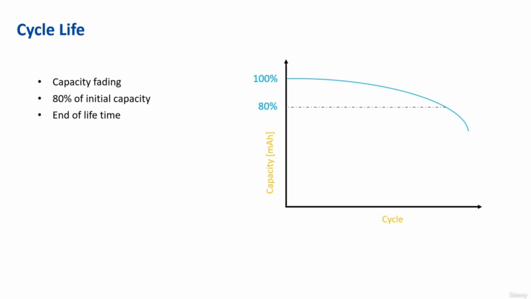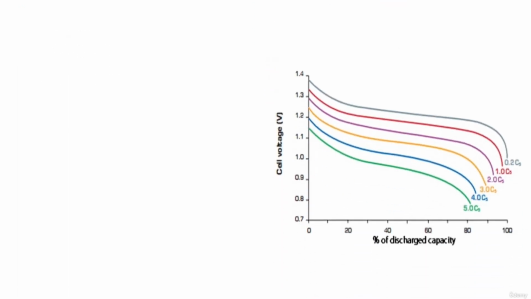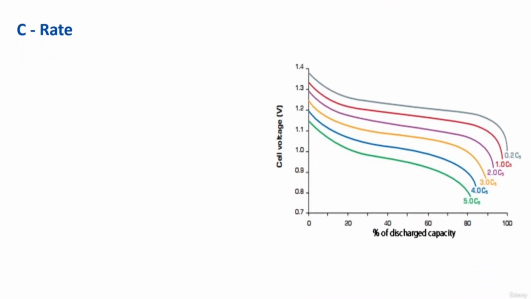Up to now, we assumed small charging and discharging currents. When the currents are larger, the observed battery capacity will change. Before looking into this, we have to quantify the charge rate. With the current expressed in amperes, we can control the charge or discharge rate, and therefore how fast the battery is charged or discharged.